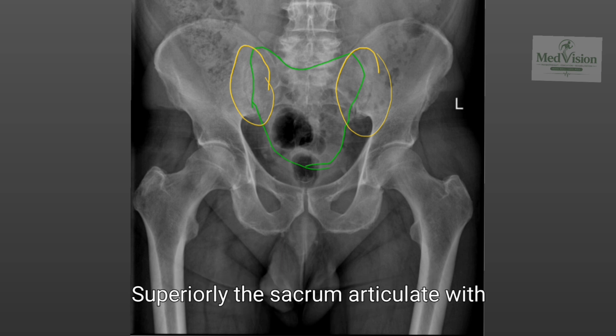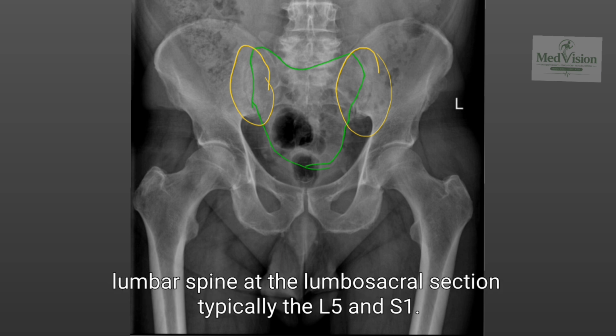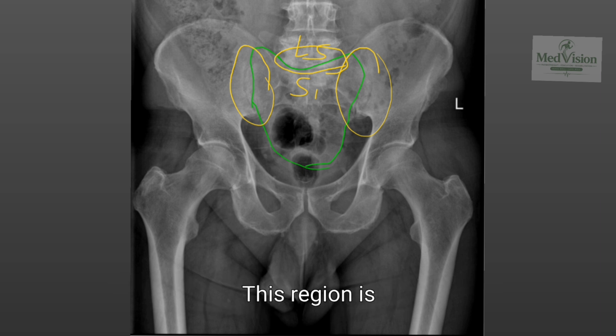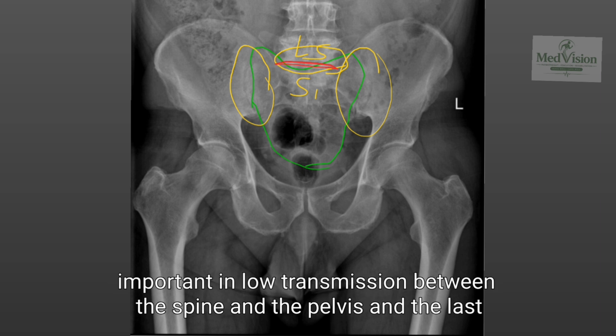Superiorly, the sacrum articulates with the lumbar spine at the lumbosacral junction, typically L5 and S1. This region is important in load transmission between the spine and the pelvis.